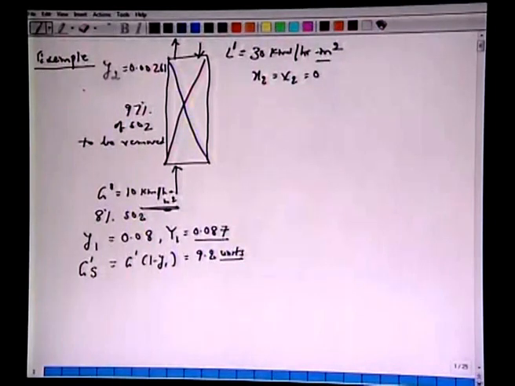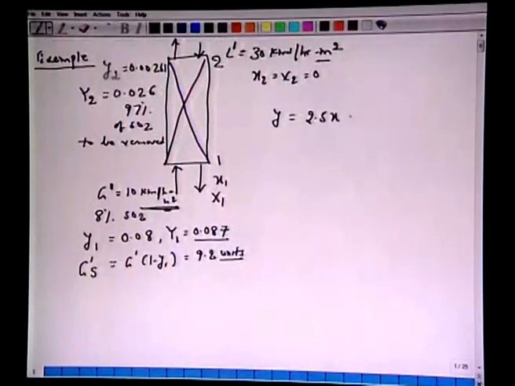So, we have y2, and then we can write capital Y2 very close to 0.0026. This is level 2, this is level 1, and the spent liquor gets out here at certain mole fractions x1 and capital X1. Equilibrium is given this time as an expression, y equals 2.5x plus 4.5x square. So, this is the equilibrium curve.